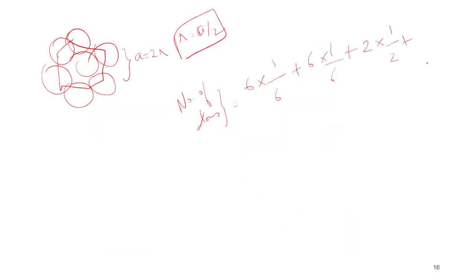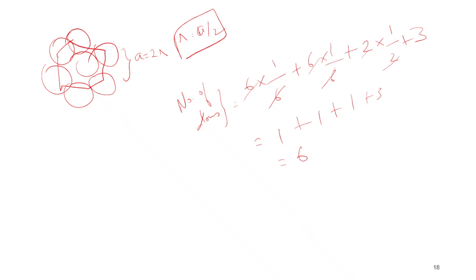So what do we have? We have 1 plus 1 plus 1 plus 3. So we have a total of 6 atoms in this particular unit cell.